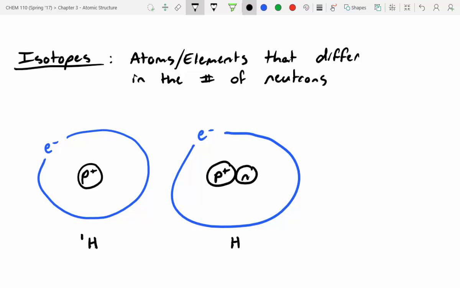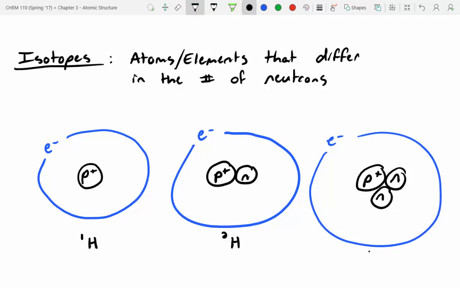We've got 2 particles in the nucleus. So we just say H2. And then last but not least, we've got this guy over here, where we've got 2 neutrons and a proton. Is that still hydrogen, or is it something else now? Still hydrogen.